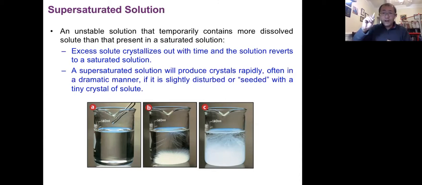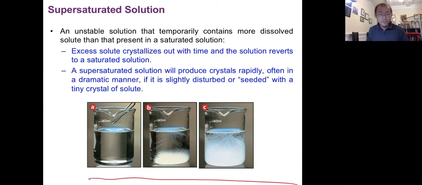Temporary means no matter how tiny a bit you agitate that solution, or even put your finger in it, put your pen tip in it, or drop a dust mite in it, that will cause the extra to come out as solid. Like this, very beautiful. This is a supersaturated solution. See, this guy dropped a tiny bit of whatever that is, maybe the same solid, into it.